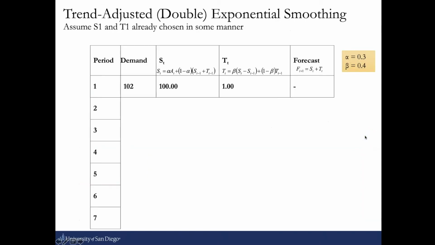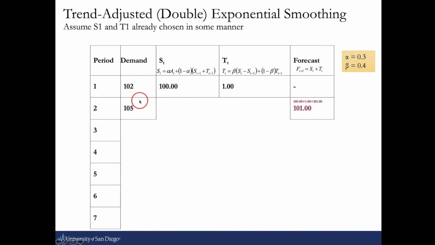Assume that S1 and T1 are already chosen in some manner, and further assume that alpha equals 0.3 and beta equals 0.4. With that, we can start to do the forecast for period 2 based on S sub t plus T sub t, and this will be S1 plus T1, right? So we have 100 plus 1, I get 101.